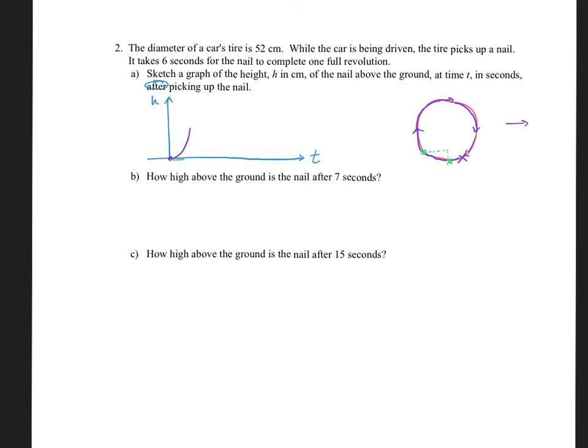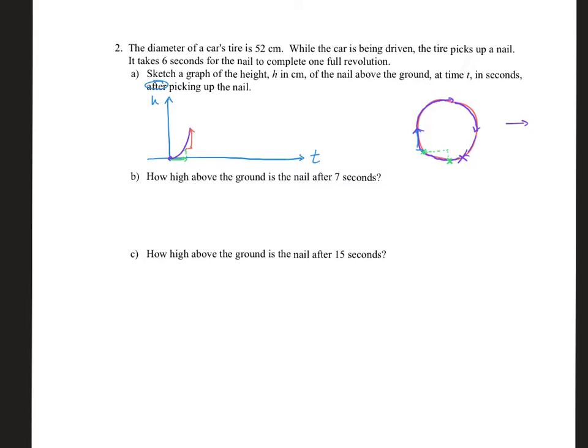So it takes me a little bit to get there for a tiny raise. As I start to get closer to the side of the tire, now only a little time has to go by to get a lot of raise. And so only a little bit of time gets me a lot of increase in height. And so we'll see that we have that curvature to that graph.